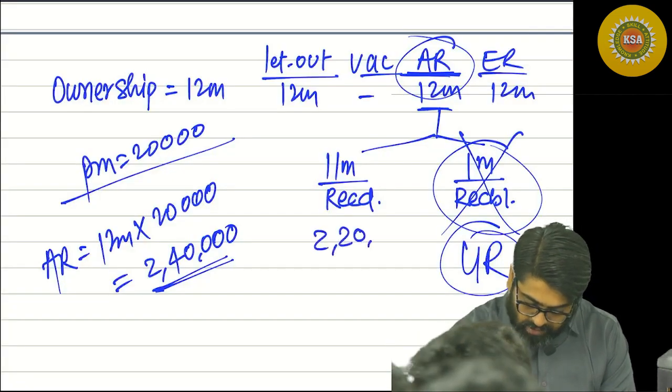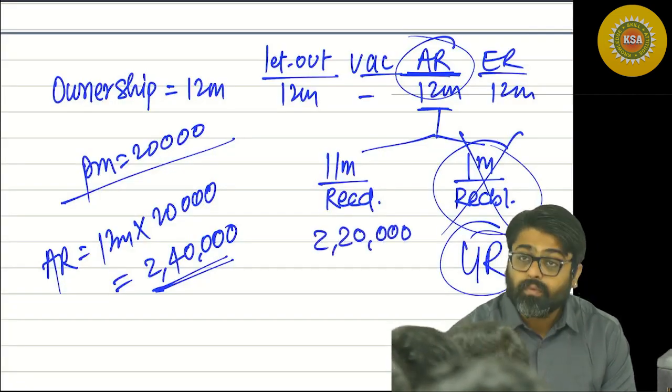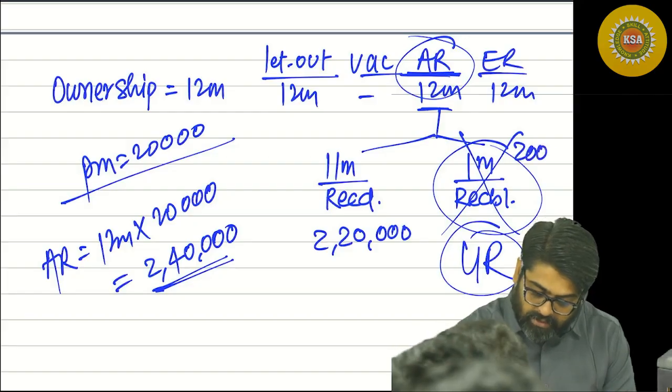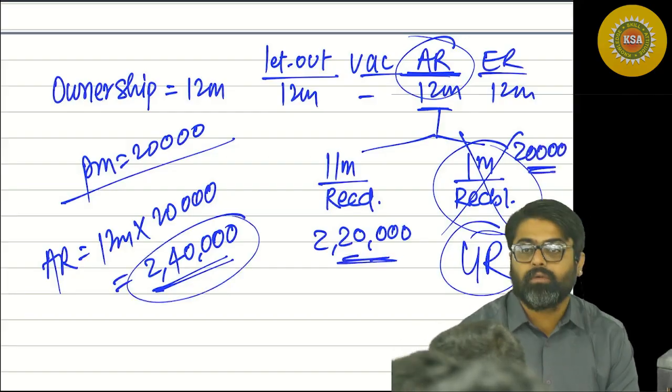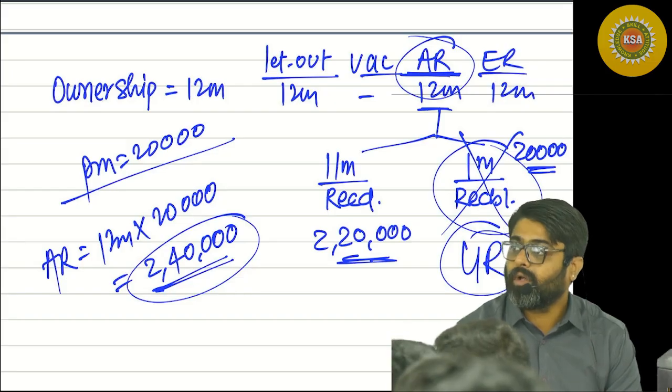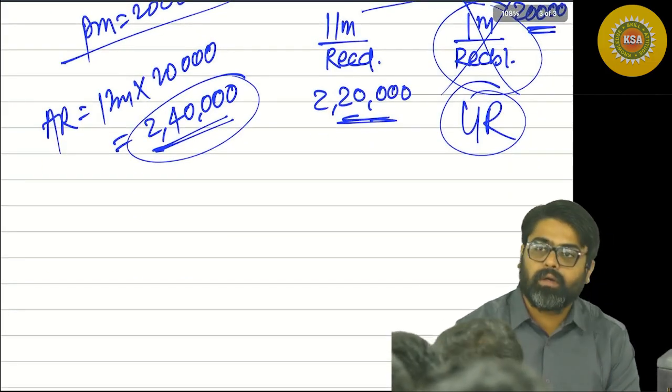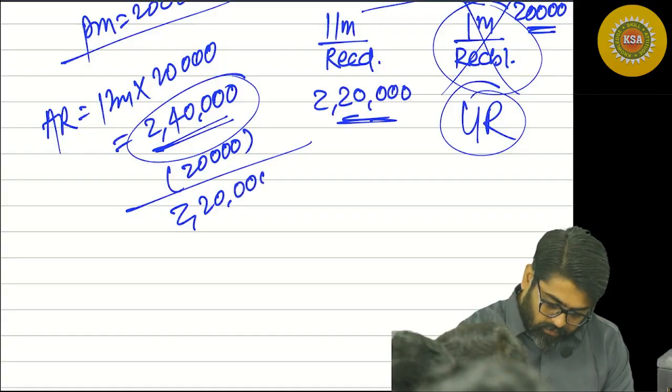Can I say in this 2,40,000, the 2,20,000 is also there, and this 1 month rent of 20,000 is also there? Both these amounts are in this 2,40,000. Now, if you have not received some part of this rent, they are saying reduce that. So the amount becomes 2,20,000.